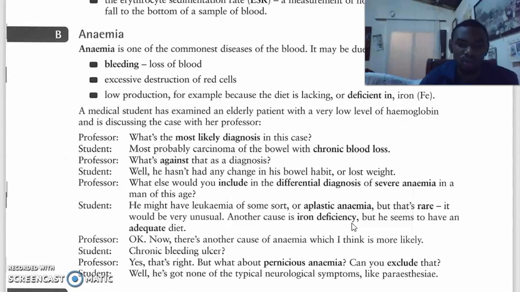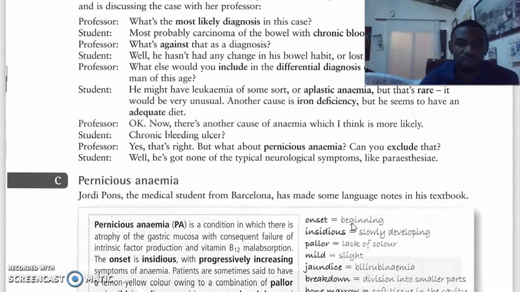Chronic bleeding ulcer? Yes, that's right. But what about pernicious anemia? Can you exclude that? Well, he's got none of the typical neurological symptoms like paraesthesia.